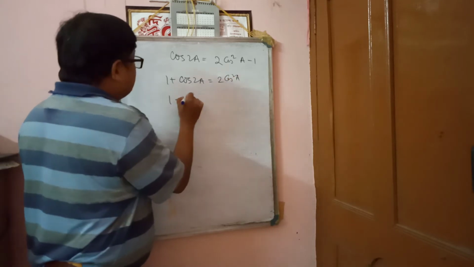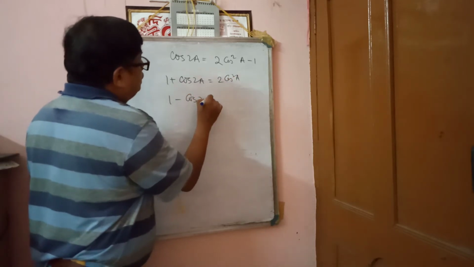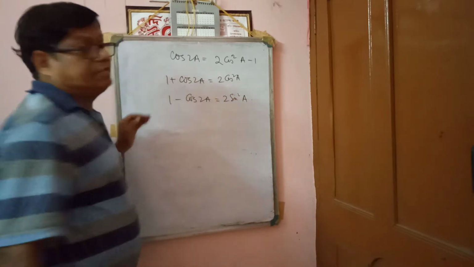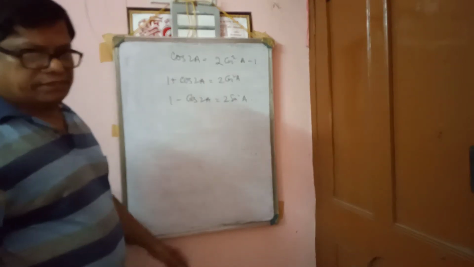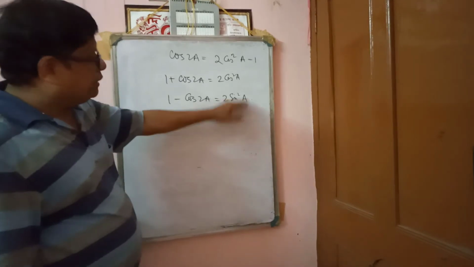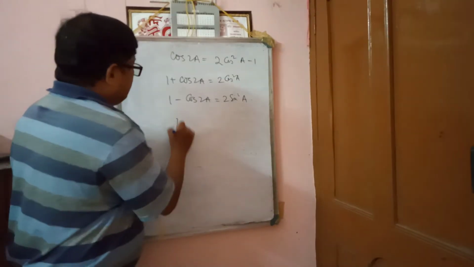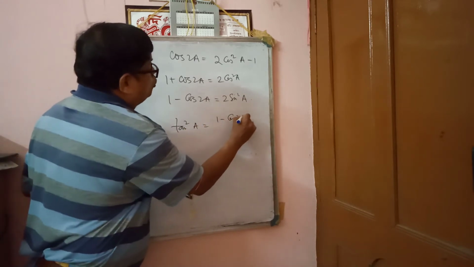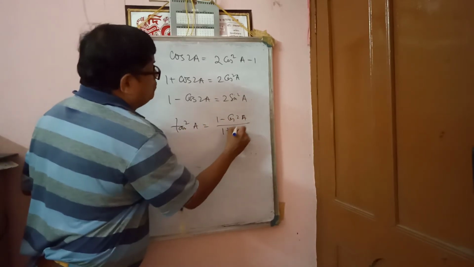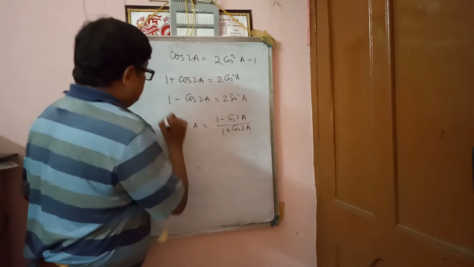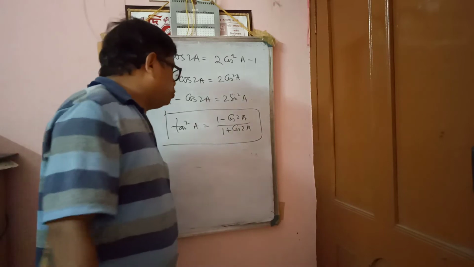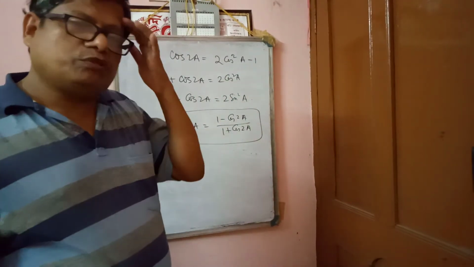Similarly, 1 minus cos 2a equal to 2 sin square a. Remember this one, the same formula is there. So from here you can divide these two, and you can write tan square a equal to 1 minus cos 2a by 1 plus cos 2a. Remember, tan square a is 1 minus cos 2a by 1 plus cos 2a.